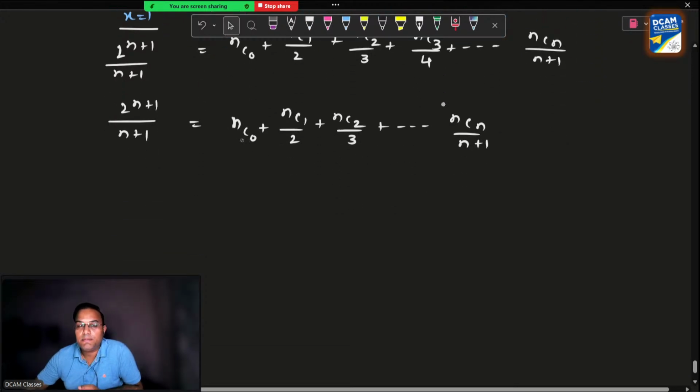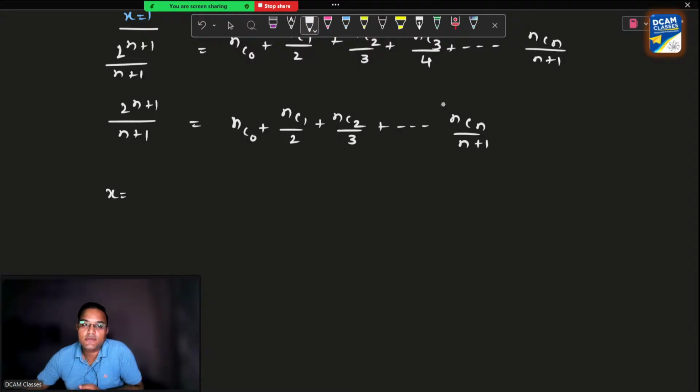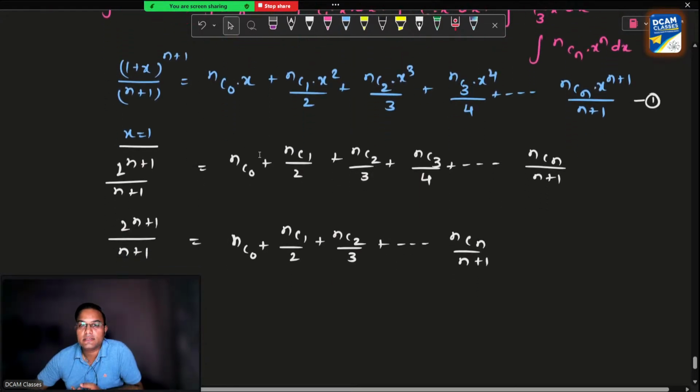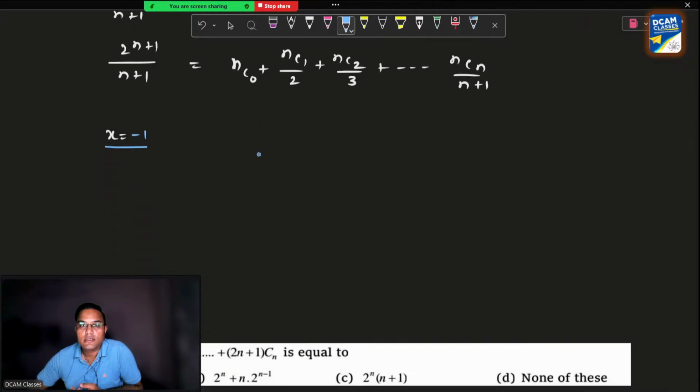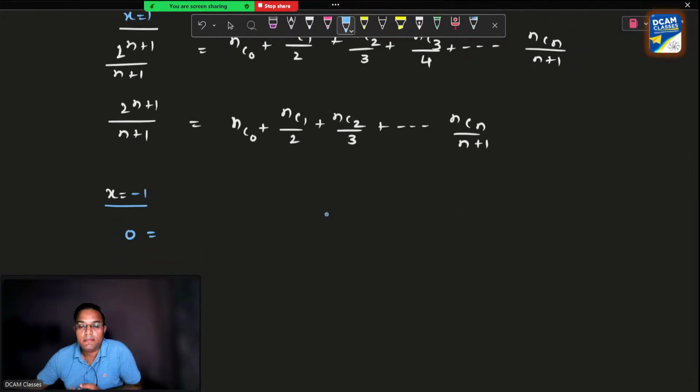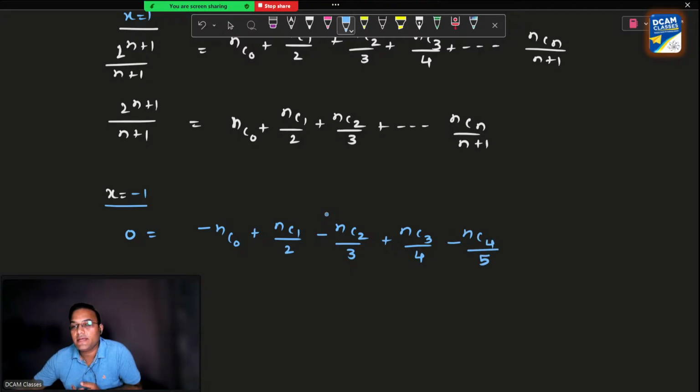Now, similarly, if I put x is equal to minus 1 in the above equation, I will get 0 and this will be minus. 0 is equal to minus nC0 plus nC1 by 2 minus nC2 by 3 plus nC3 by 4, like that, minus nC4 by 5.